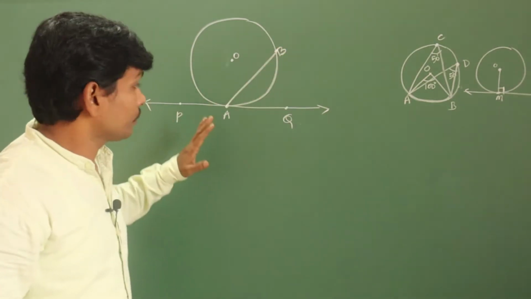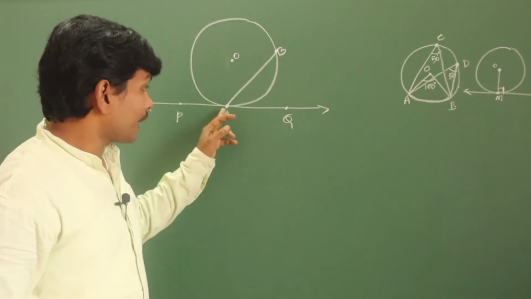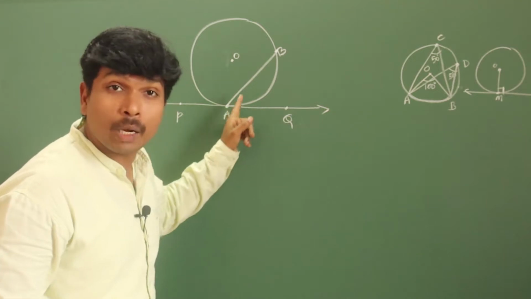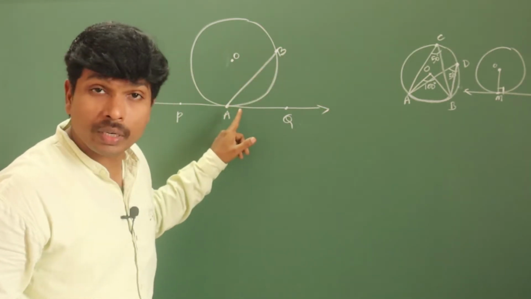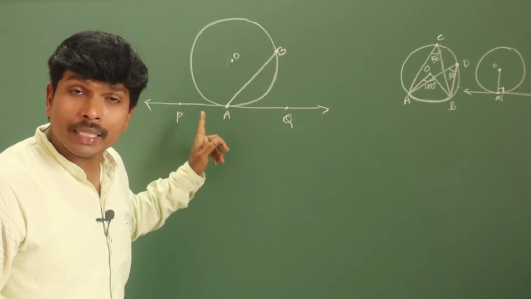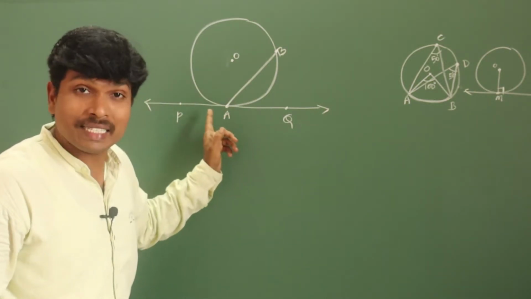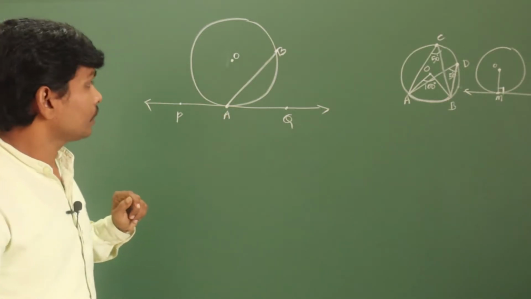AB is the chord. That chord passes through the point of contact, so one end point of the chord must be the point of contact. What is the meaning of point of contact? That is the point that is on both the circle and the tangent. That is called the point of contact.